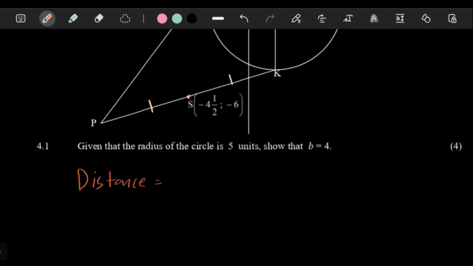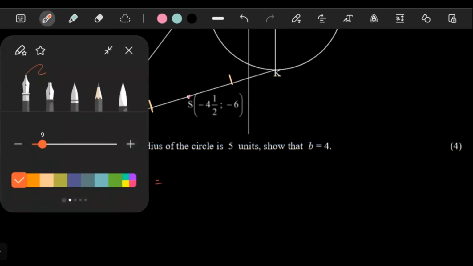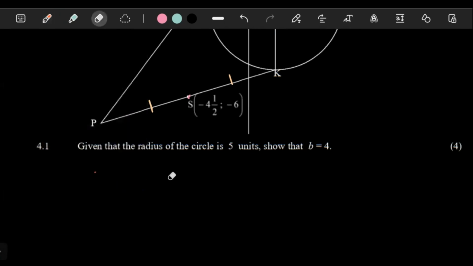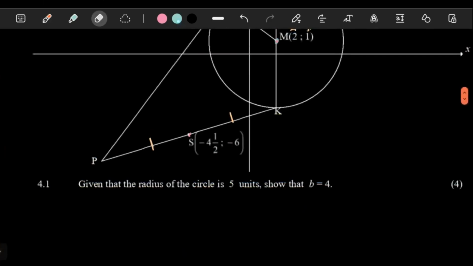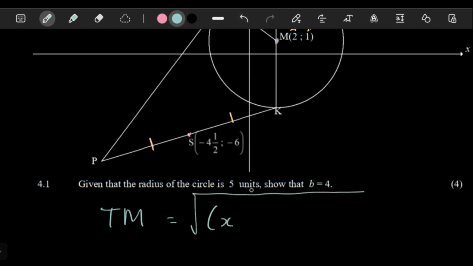So the distance of what? Let me just write the letters. It's basically TM. I'm writing the formula first, but here it is. It's fine. TM here is going to be equal to the square root of this whole thing here. It's like x1 minus x2 squared, y1 minus y2 squared.